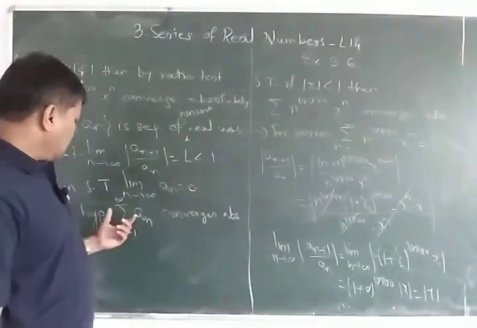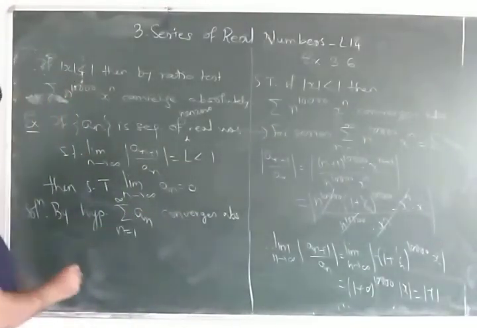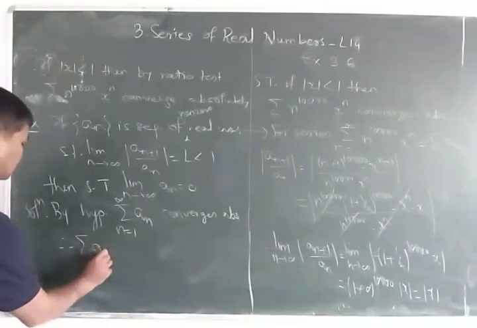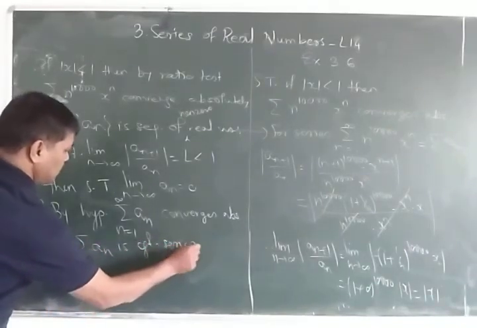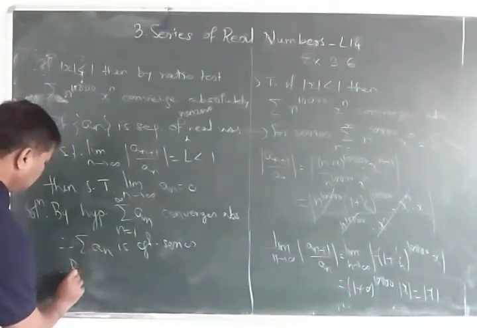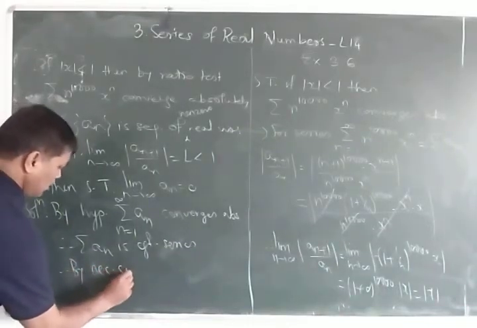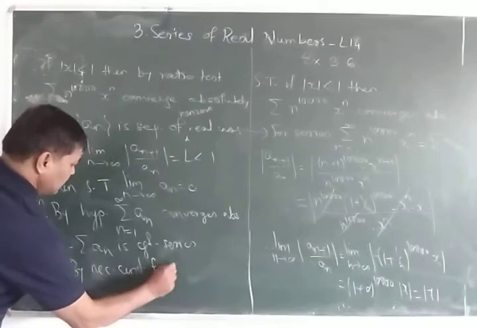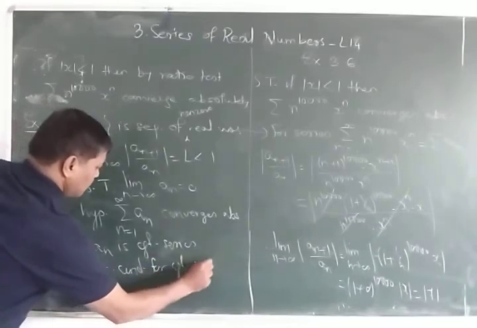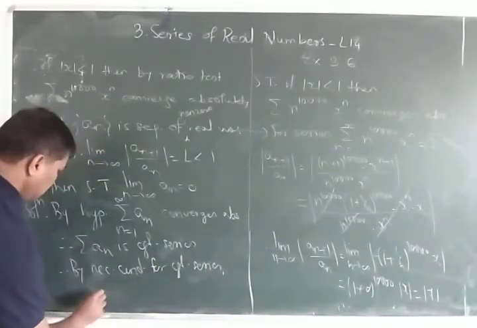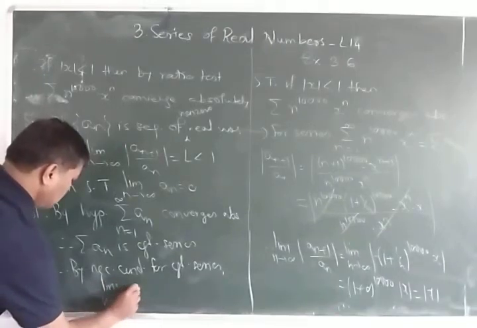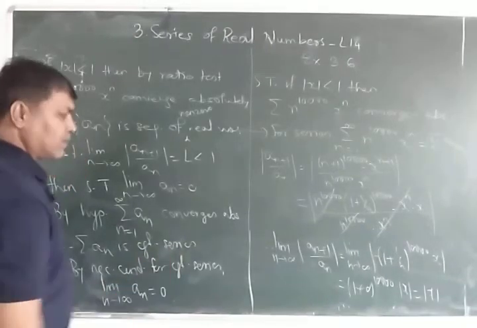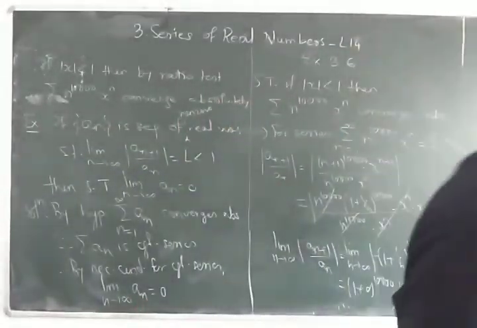Therefore the given series converges absolutely, and therefore summation of an is a convergent series. Therefore, by the necessary condition for a convergent series, limit n tends to infinity of an must be 0. Is it clear?